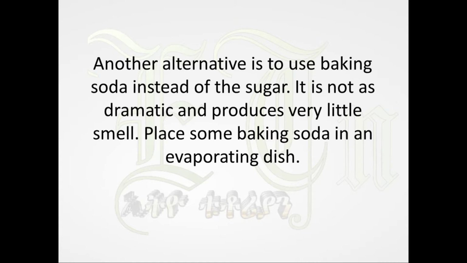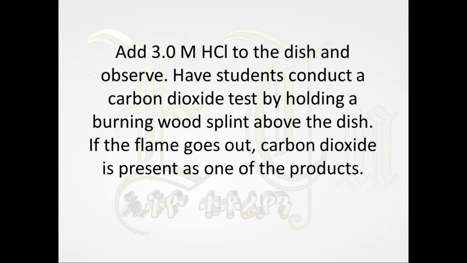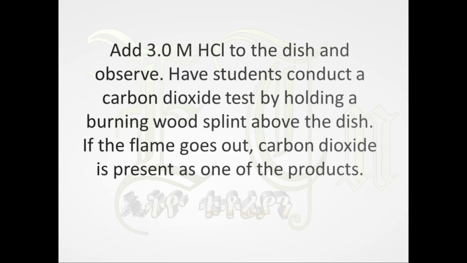Place some baking soda in an evaporating dish. Add 3.0 M HCl to the dish and observe. Have students conduct a carbon dioxide test by holding a burning wood splint above the dish. If the flame goes out, carbon dioxide is present as one of the products.